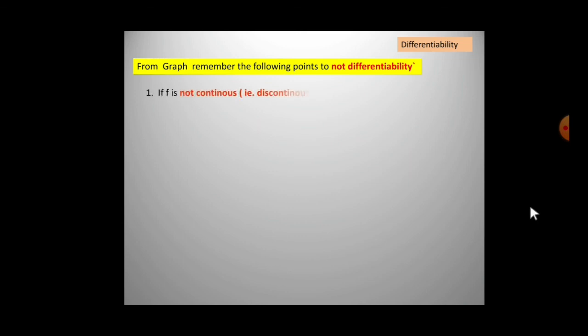If f is not continuous, that is discontinuous, then it is not differentiable. And the second point, in any graph, if you draw the graph of a function and a sharp edge exists at that point, the function is not differentiable. The function is continuous, okay, but in the graph we are getting a sharp edge. If a sharp edge exists, it means at that point it is not differentiable.